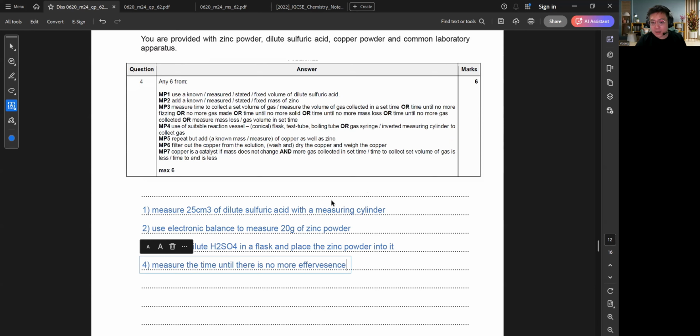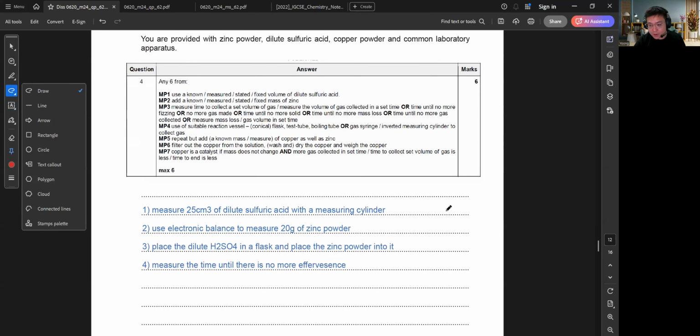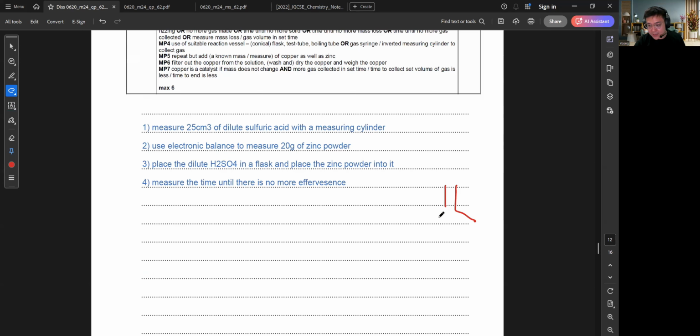All right. So because we write measure the time until there's no more effervescence, we don't really need to collect the gas. But if you write any of these, like the time required to collect 25 cm cube of gas or 10 cm cube of gas, then you have to make sure you have your syringe, like the conical flask like that. This is if you write that. And then here you place the rubber bung and then you place the syringe like that.